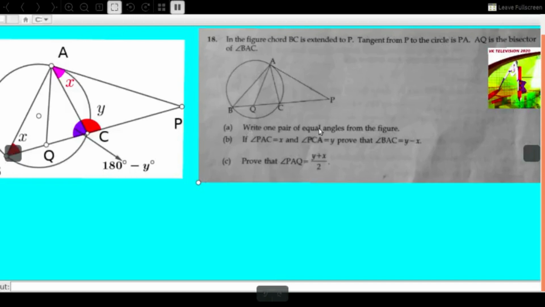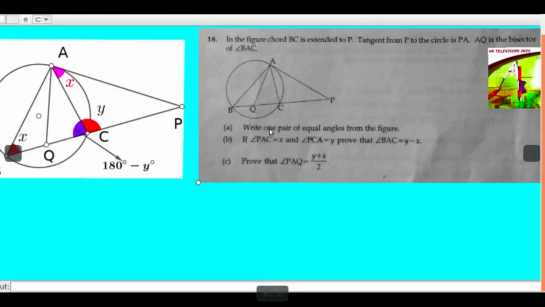Write one pair of equal angles from the figure. If angle PAC is equal to X and angle PCA is equal to Y, prove that angle BAC is equal to Y minus X. Prove that angle PAQ is equal to (Y plus X) by 2.